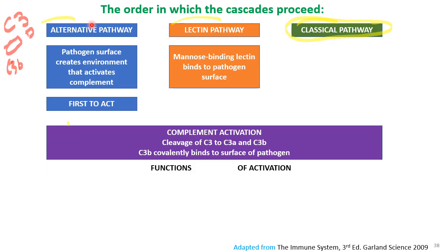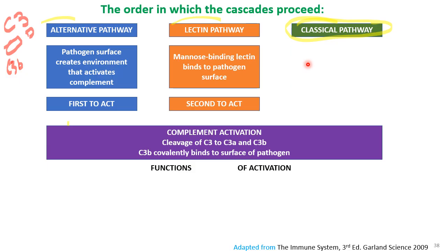If it binds 2 sides, now it's going to activate. So mannose binding lectin can also get together, get activated, and cleave C3. This guy cleaves C3 by itself. The lectin pathway binds to the surface of bacteria and activates C3 to cut.